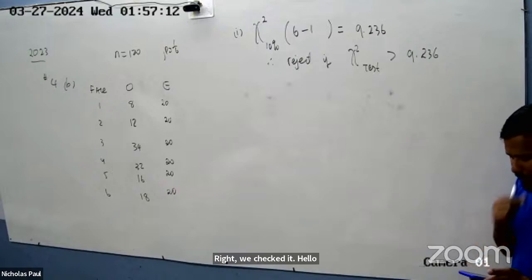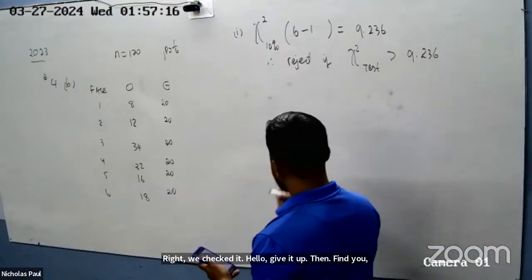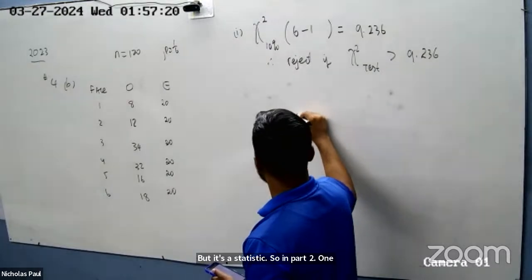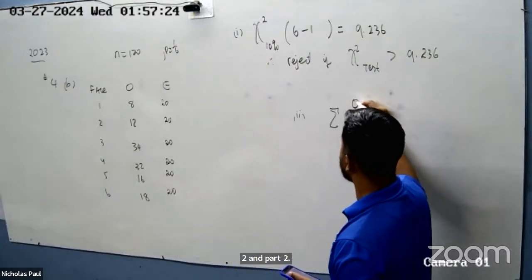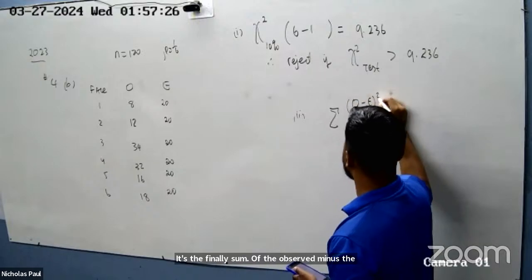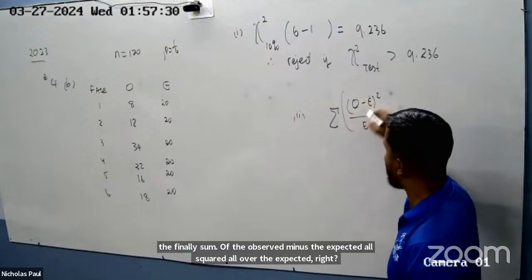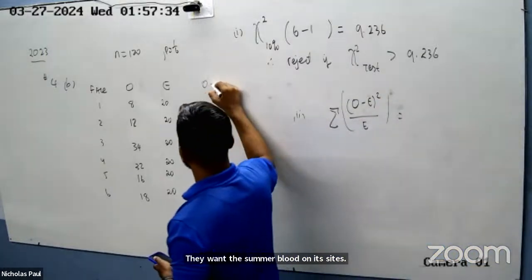Then find the value for the test statistic. In part 2, what they want us to do is find the sum of observed minus expected, all squared, all over the expected. They want the sum of all of this. So we know what O minus E is.